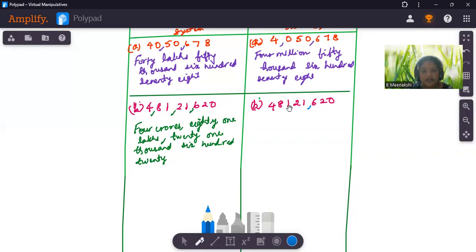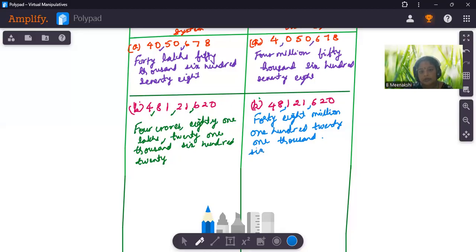On the right, we will leave 3 digits and then separate. So now this becomes 48 million, 121,620.